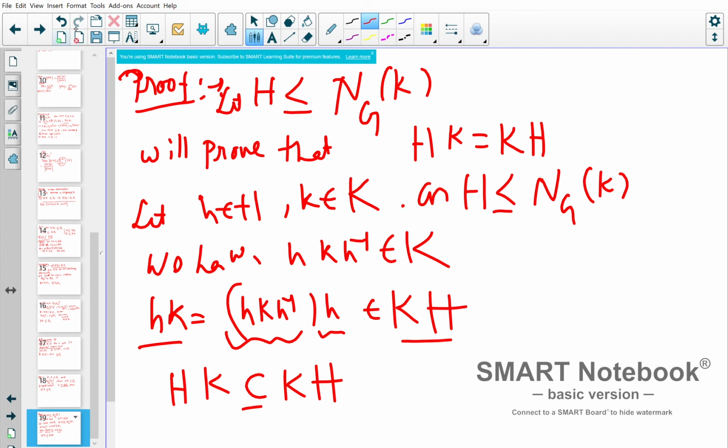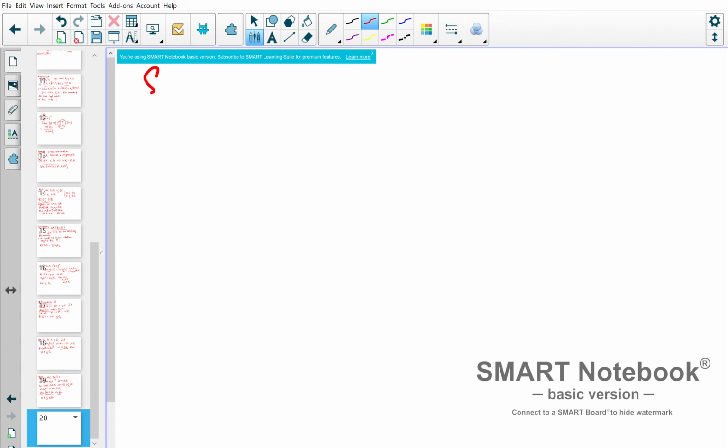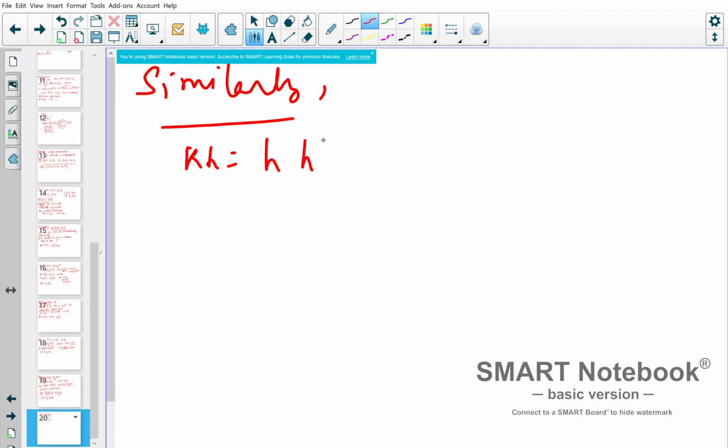Similarly, the other way you can also prove. If you start with kh, remember h normalizes K, so you can write kh as h into h inverse kh, because this is identity, right? This is nothing but h times h inverse kh.